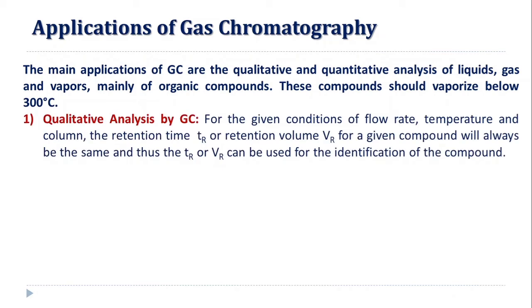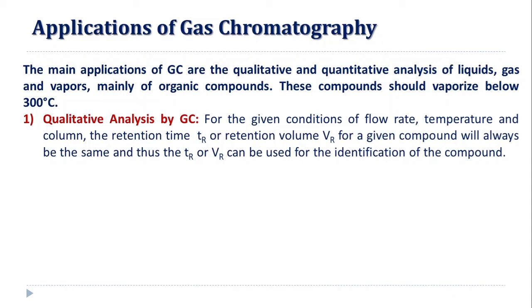First is qualitative analysis by gas chromatography. For given conditions of flow rate, temperature and column, the retention time or retention volume for a given compound will always be the same, so TR, that is retention time or retention volume, can be used for the identification of compounds. The time required for an organic compound to come out of the column is called the retention time.